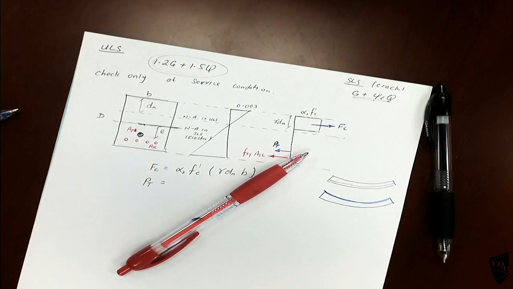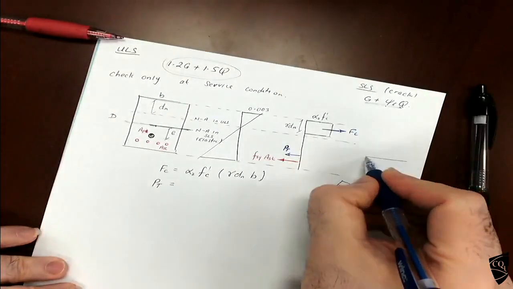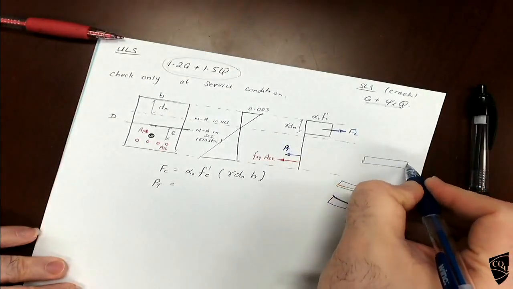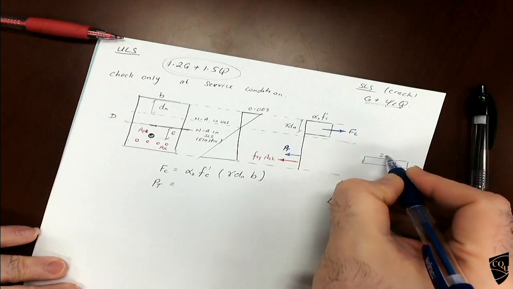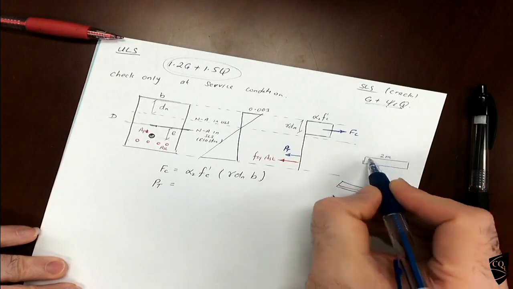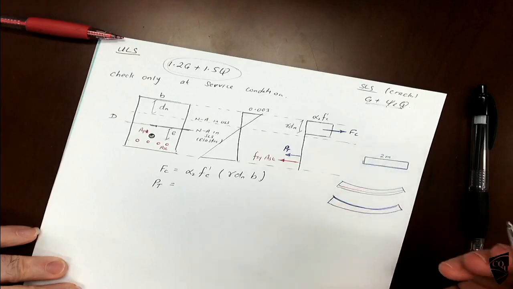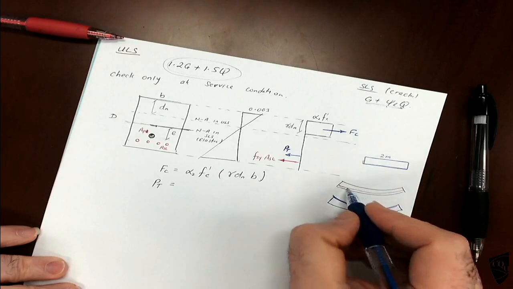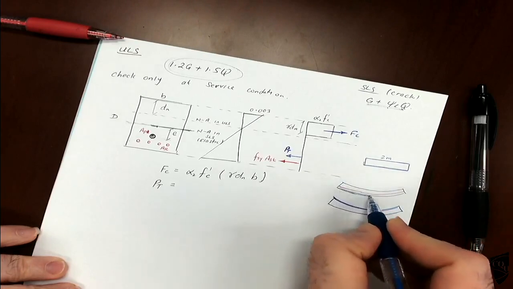Just think about the beam, something like this. Let's say it's 2 meters everywhere. And now it bends. What can you tell about the length of the bottom fiber?